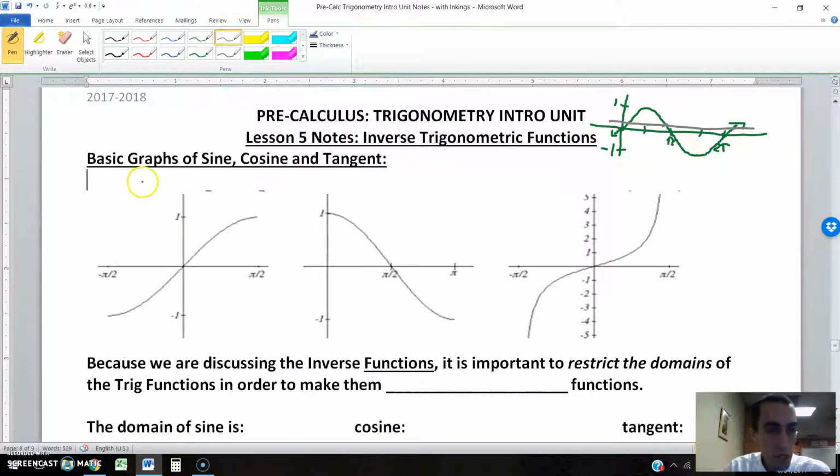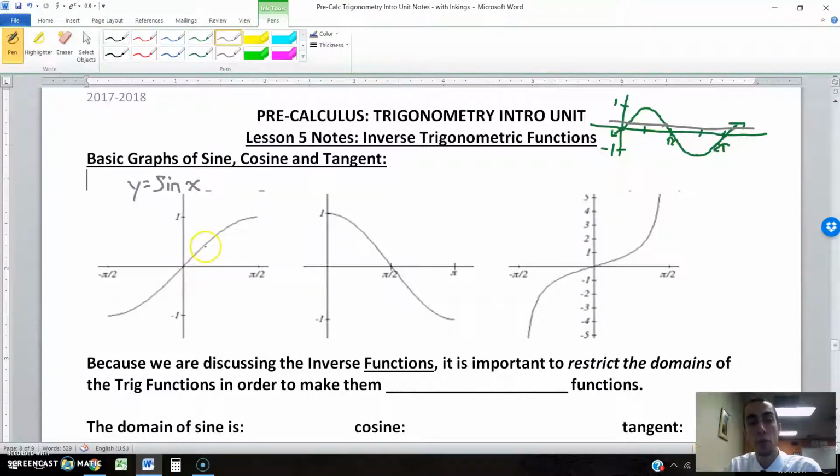And so we do that here down below. This is our sine graph with a restricted domain. This is sine, but the domain is limited to -π/2 up to π/2.